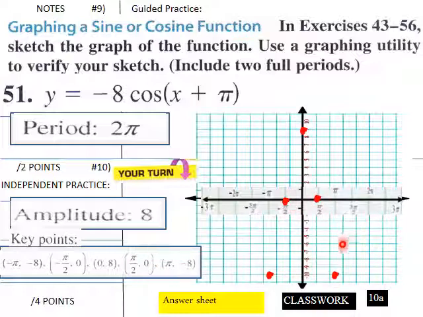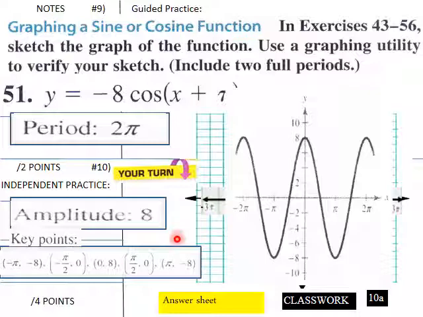Then when x equals pi, y equals negative 8. So here is the basic shape of one cycle of your graph. And when you articulate that, that's what it would look like. And this is the basic shape of that function in a graph.